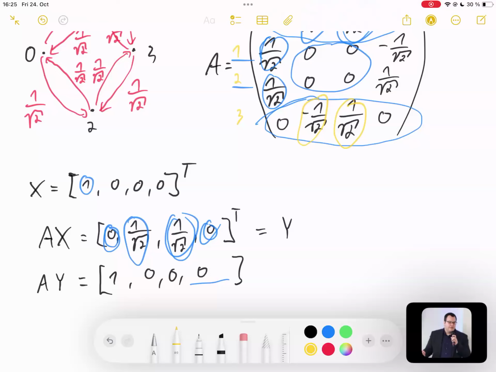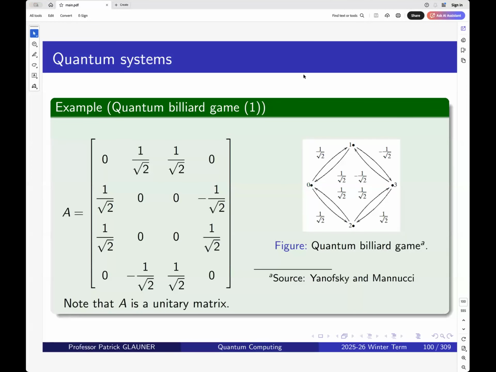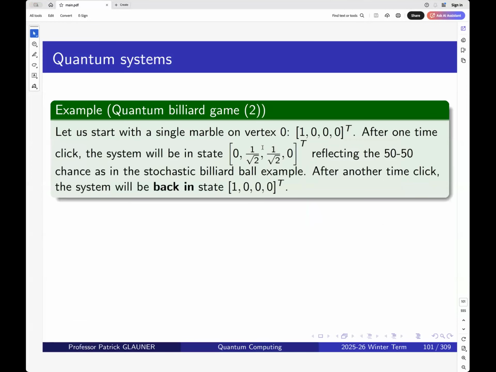Fairly interesting. So the quantum billiard game behaves totally different to the probabilistic one. And we'll visualize this also in slides. So this was what I had shown you. And this was our starting state. After one time click, we get this state. And the second time click, we are back in the original state.